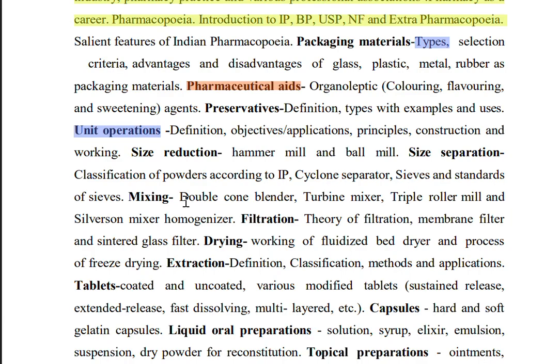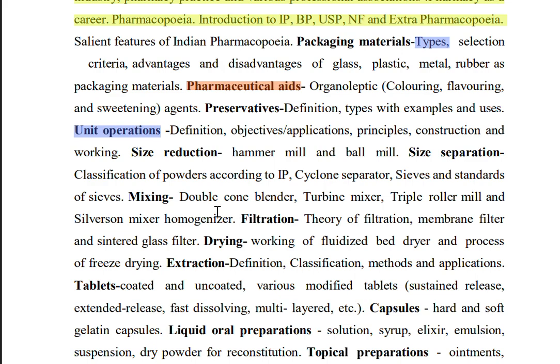And then mixing: double cone blender you have to focus on, and turbine mixer, triple roller mill, and Silverson homogenizer. The Silverson homogenizer is particularly used for the preparation of emulsions. So you have to prepare every aspect of the questions and the syllabus. It may help you to score high marks.